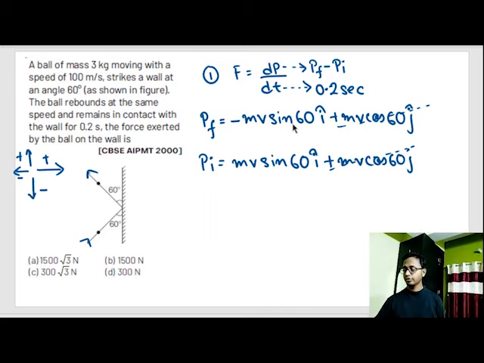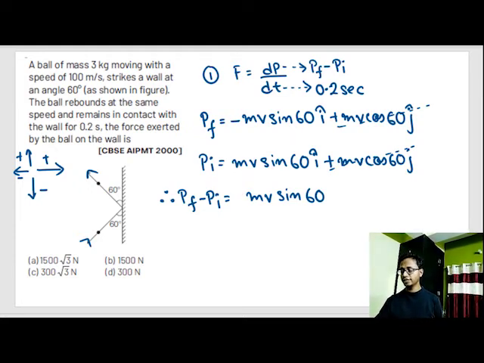So final momentum minus initial momentum is equal to minus mv sin 60 i minus mv sin 60 i, so it becomes minus 2 mv sin 60 i.